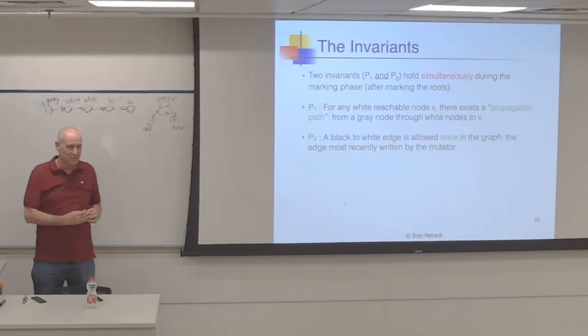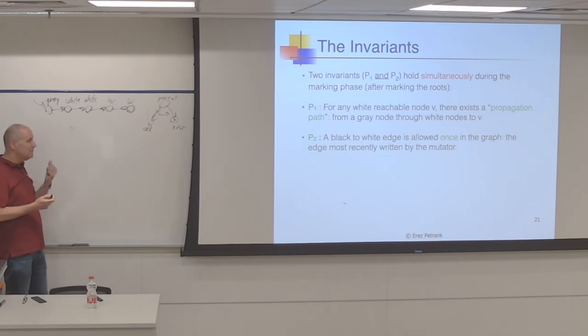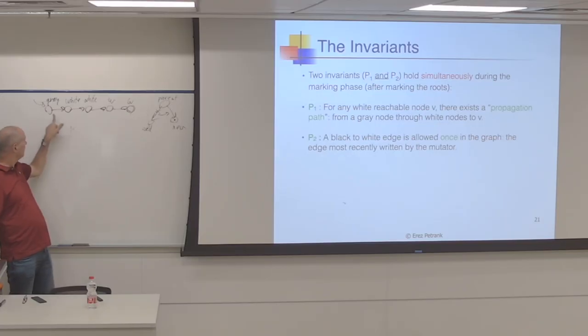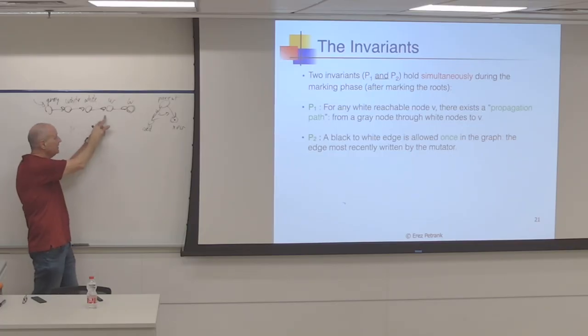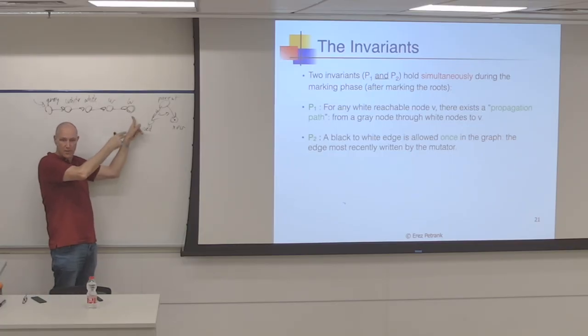Why is it good for me to have a propagation path? It's because the collector will find this. The collector takes a gray node, makes all its children gray, and then blackens it, but then the gray will come here. And when this is handled, the gray will come here, and eventually this will become gray and black.